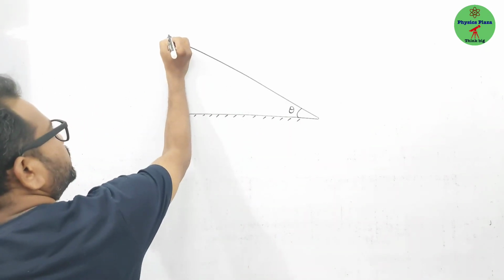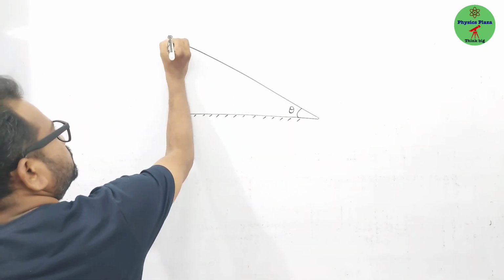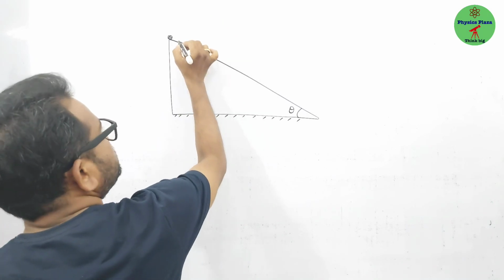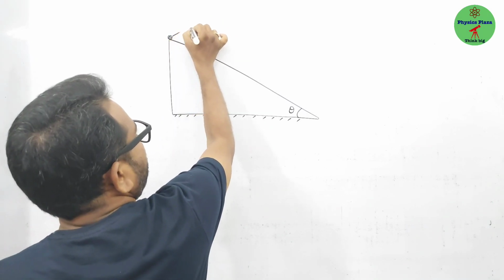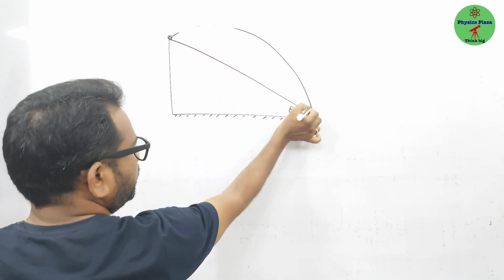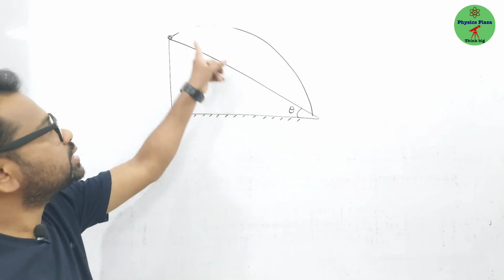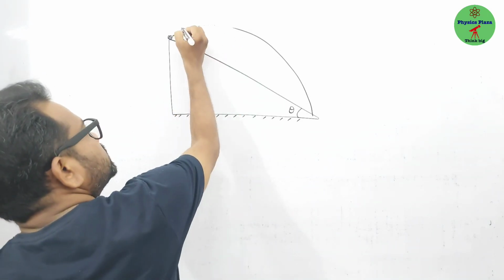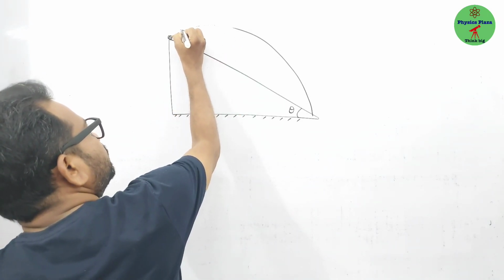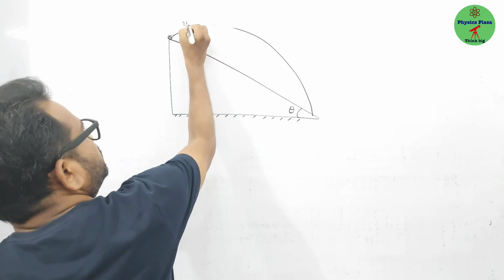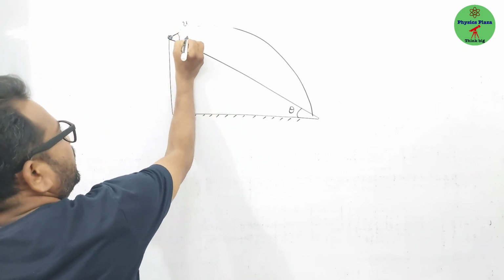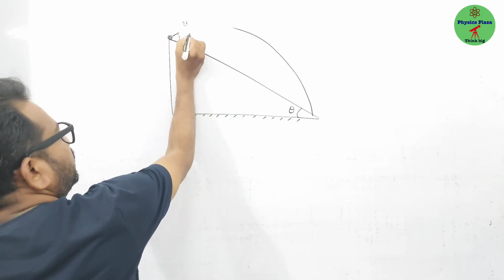Let us say the body is projected from here with a certain velocity u. It goes in a parabolic path, the trajectory of a projectile, and it is given a velocity u such that it makes an angle alpha with the inclination.